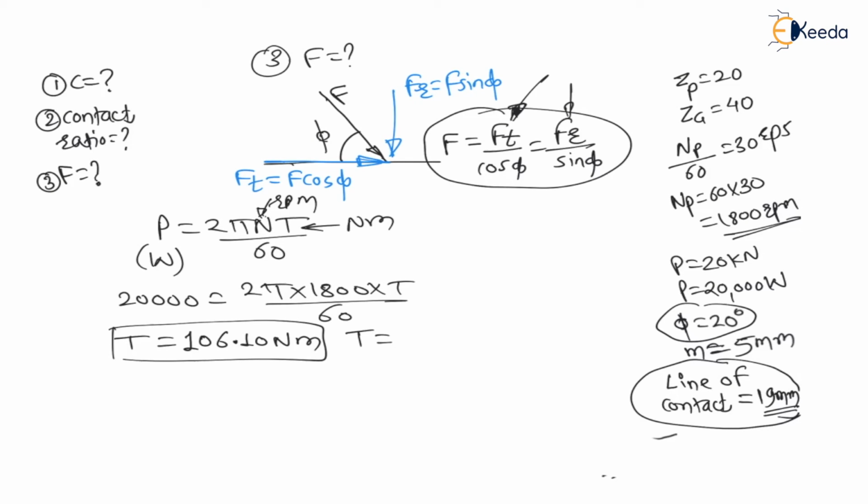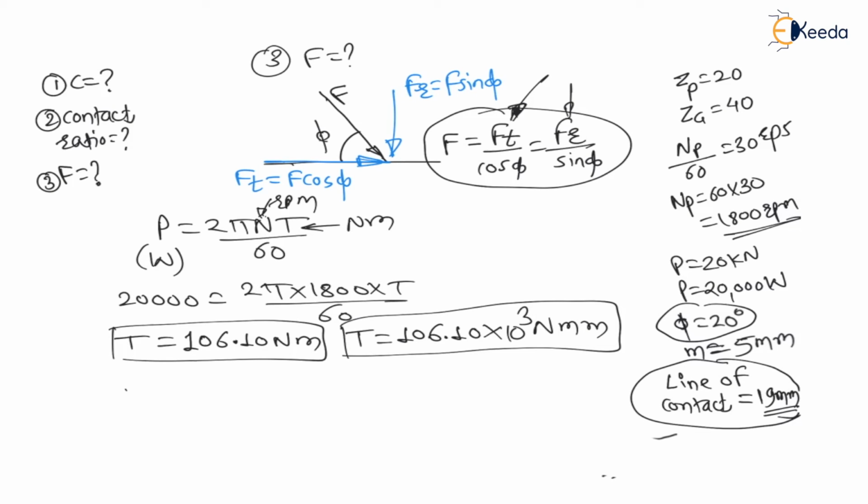Therefore, I can say torque is equal to 106.10 into 10 to the power 3 newton mm, in terms of newton mm. Right, this is the torque value, and this torque is nothing but tangential force into radius. Now my dear students, for calculation of torque we are using the speed of the pinion, right?